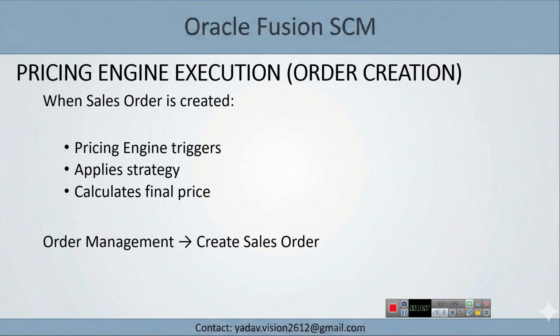You can call it an offering as well. Whenever you place an order in order management and submit or progress it, the pricing engine automatically runs and picks up the final price of the item.